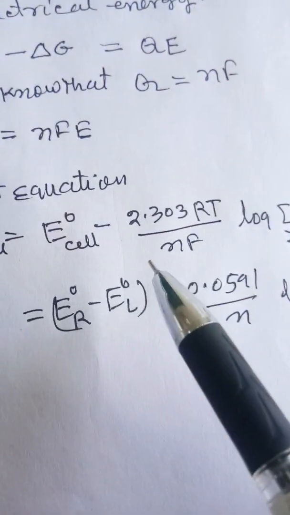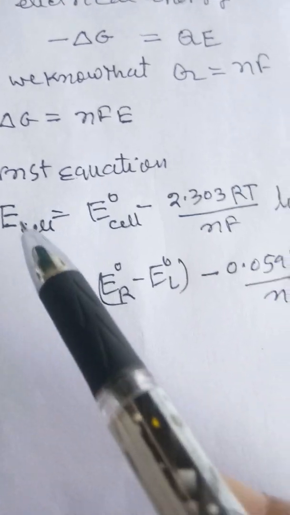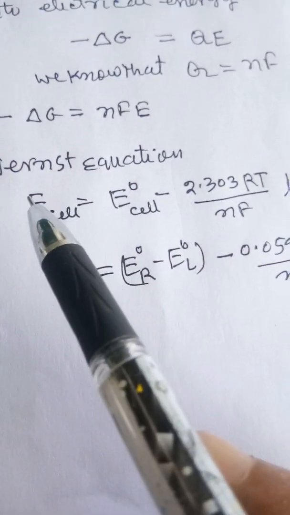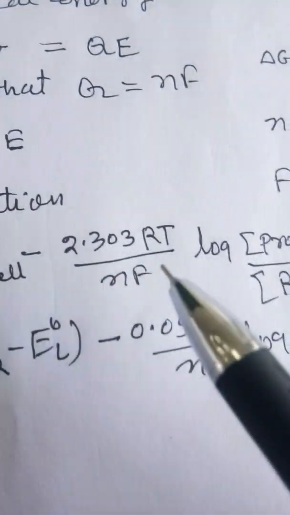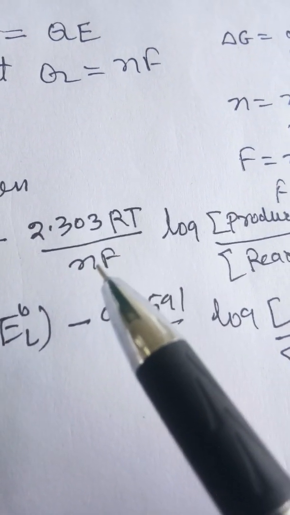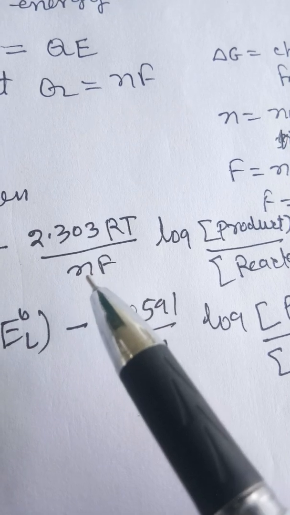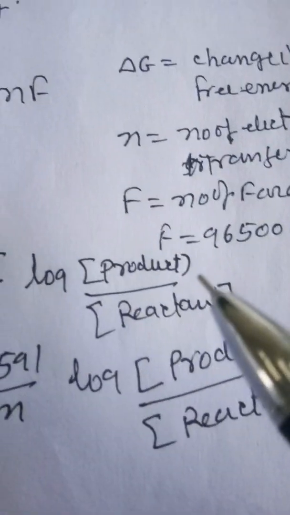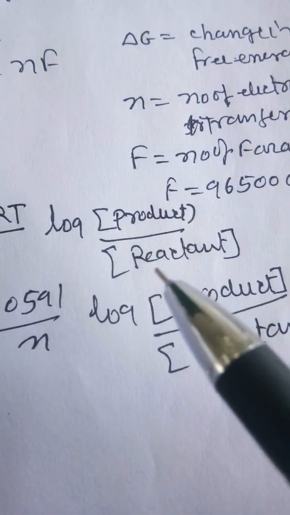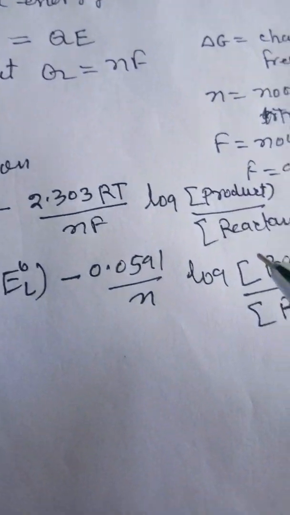In this way the Nernst equation shows a relation between cell potential, standard EMF of the cell, Faraday number and the number of electrons exchanged during the chemical reaction. This is the concentration of the product and this is the concentration of the reactant.